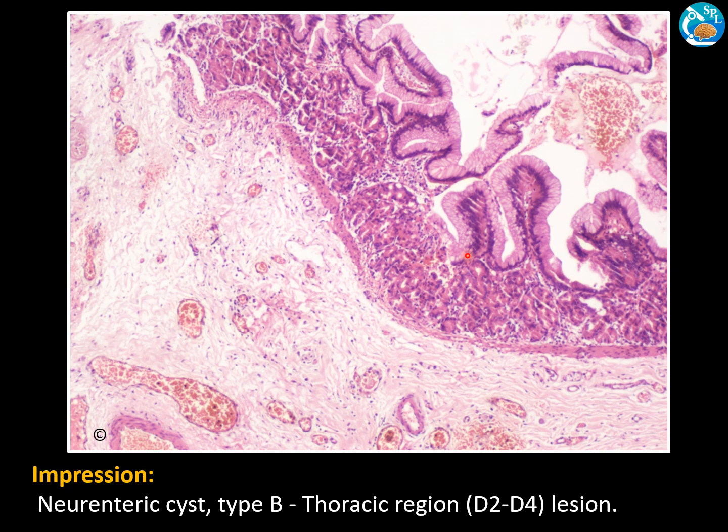In fact, I called my technician to see whether there was any mislabeling, because the cyst showed typical gastric oxyntic mucosa, and there were nice parietal cells with dense eosinophilic cytoplasm, and even the muscularis mucosae. So this was a neurenteric cyst type B.